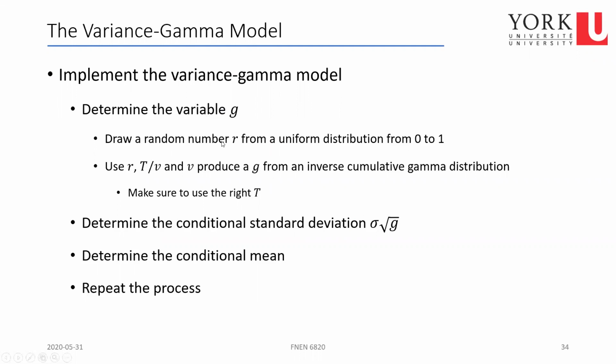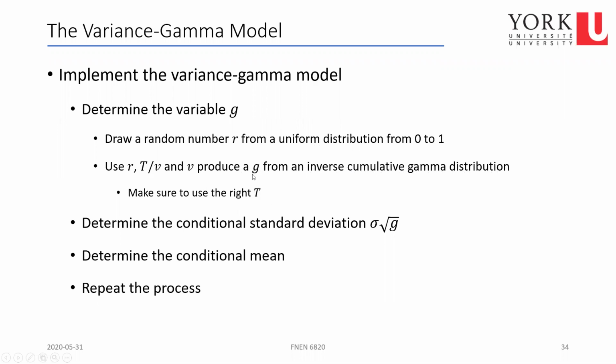So you first draw a random number out of a uniform distribution from 0 to 1, and once you have obtained this realized R on the uniform distribution, then like any other, you use the inverse cumulative gamma distribution to get your G there.